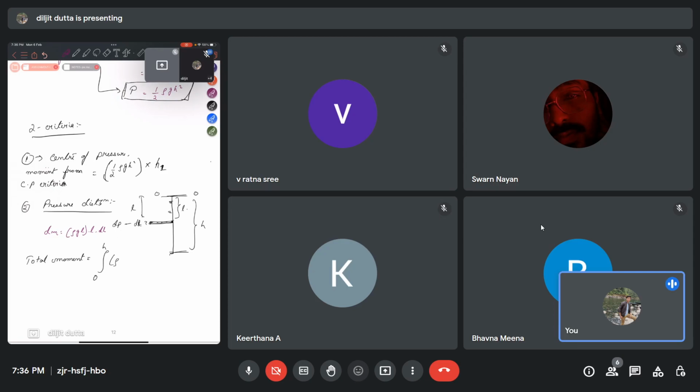So we have to integrate dm from 0 to h. So this will be the integral from 0 to h of rho g L square dl.